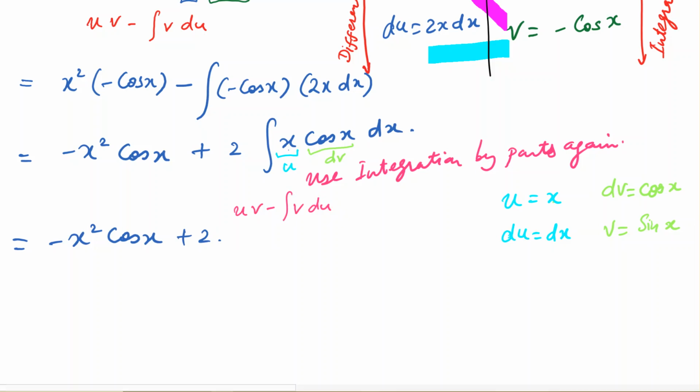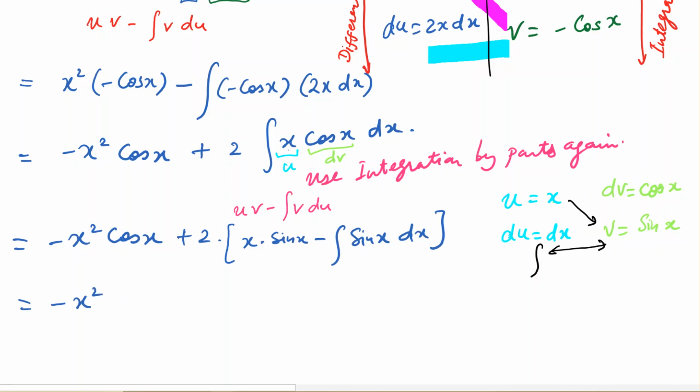Plugging in the values here, u is x, v is sine x, and then we multiply v du and take the integral of this, minus integral of sine x dx.